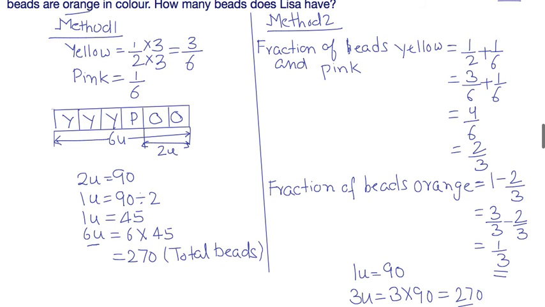The reason is when we calculate in terms of fractions, we have simplified the fraction. Earlier we got 4 by 6 for yellow and pink. If you see how many yellow and pink parts together, it is 4 out of 6. Then we simplified it.